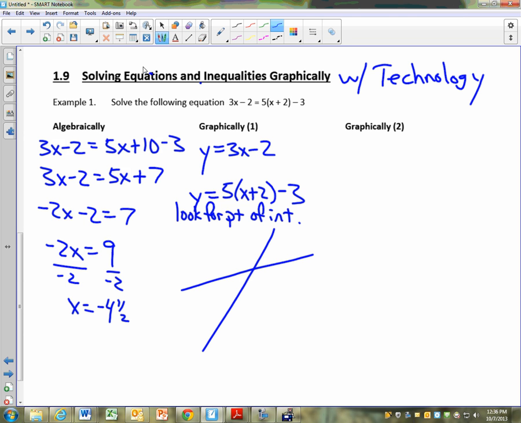This is probably the preferred method among most people, and there's nothing wrong with this, and this is the way I would do it. I would put everything on one side: 0 equals 5 times (x plus 2) minus 3 minus (3x plus 2). Does everybody see where I got that?